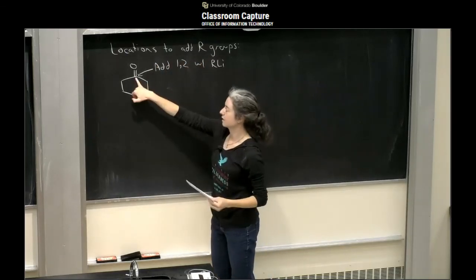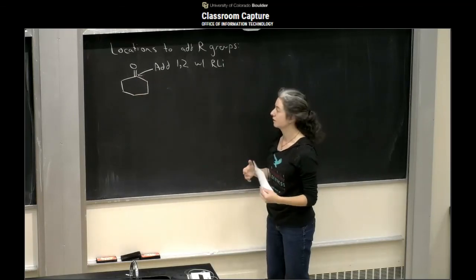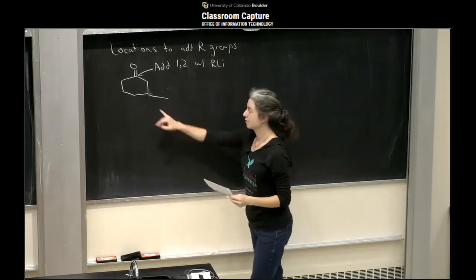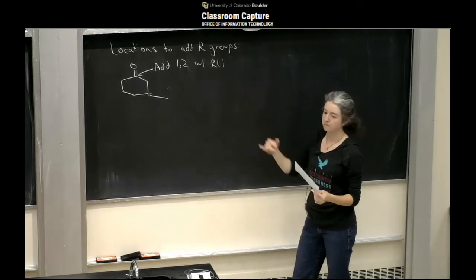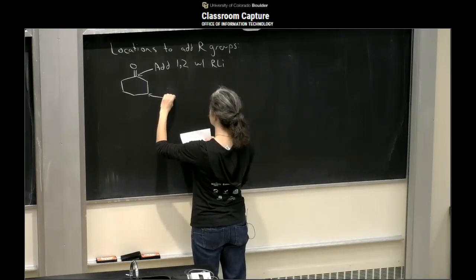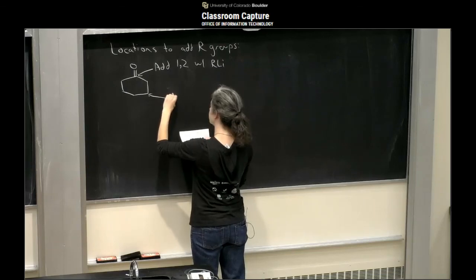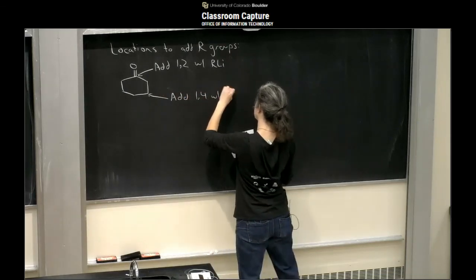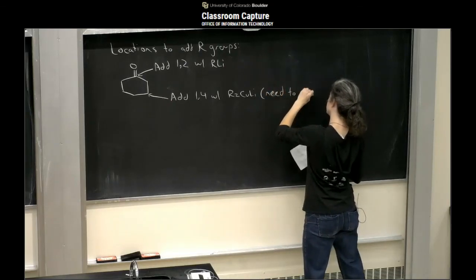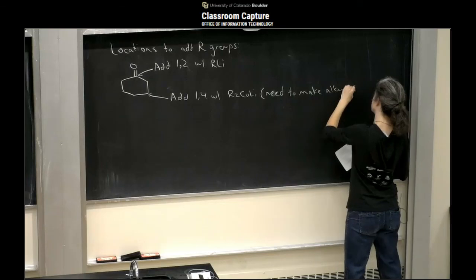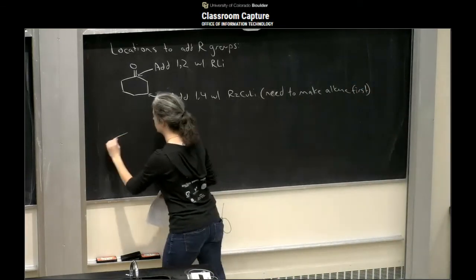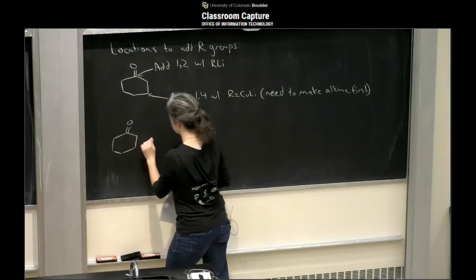So if we want to attack directly onto the carbonyl, we can add 1,2 with alkyl lithiums. If we want to add an R group here, we can add 1,4 with a cuprate, but we've got to make an alkene there first. So we could do that by doing this.